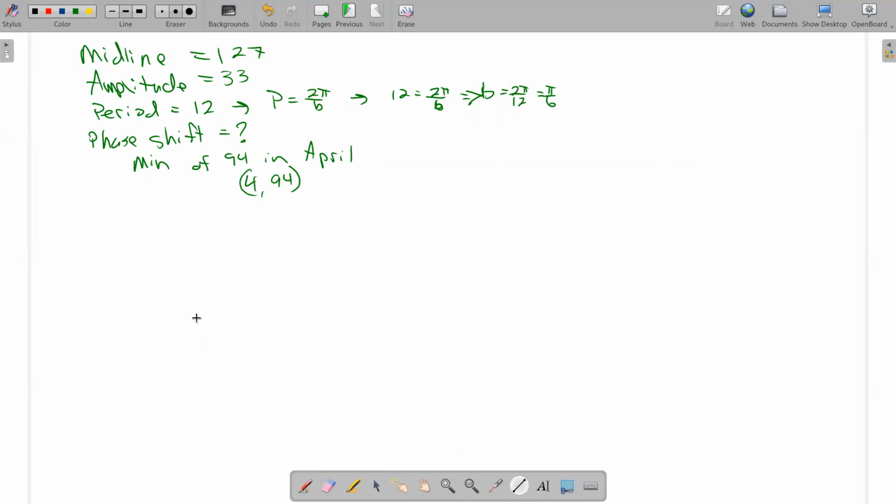All right, so let's graph. So let's say that's my midline, y equals 127. And then the y-axis is going to go down to 94, up to 160 there.